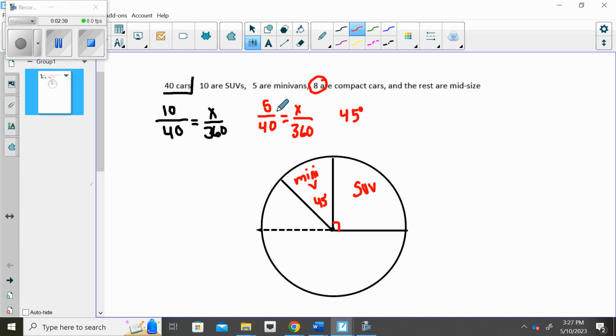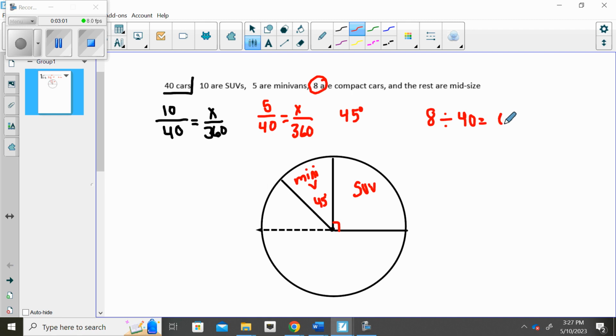Okay. Now, just to change things up a little bit, if we have 8 compact cars, okay? Again, of course, you could do a proportion, 8 out of 40 equals X out of 360, but let's do it differently. Let's take this, change it to a percent. Okay, so 8 divided by 40, well, I can do that in my head, but that's a fifth, okay?